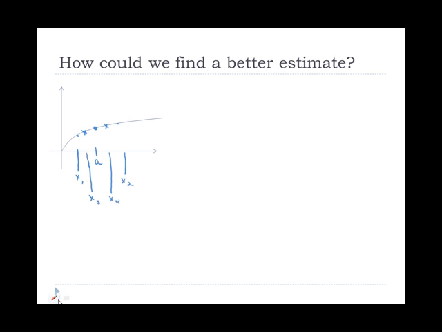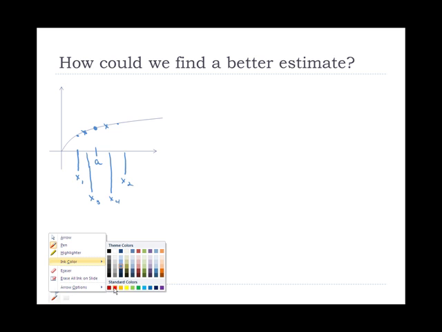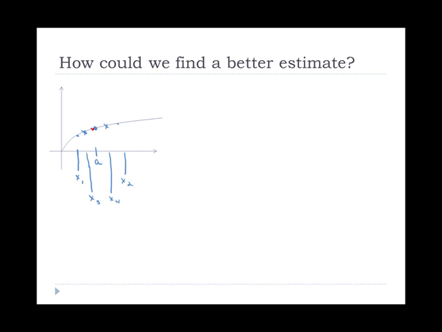Well, how could I make that even better? Well, the closer my points get to the real thing, the closer that line no longer looks like a secant, but starts to resemble what we call a tangent line. And a tangent line touches my graph only at one point, whereas a secant line touches us at 2.